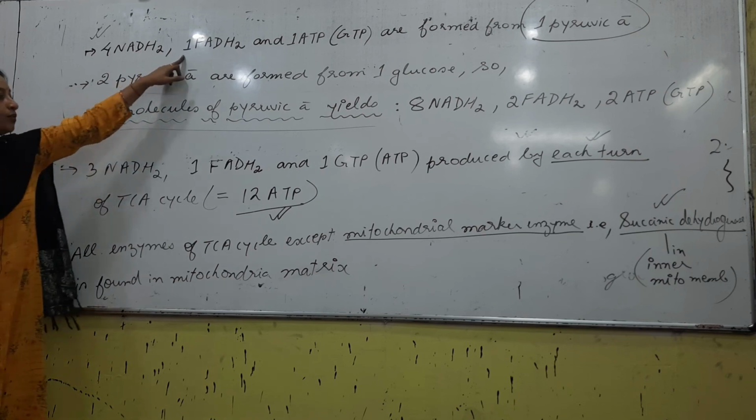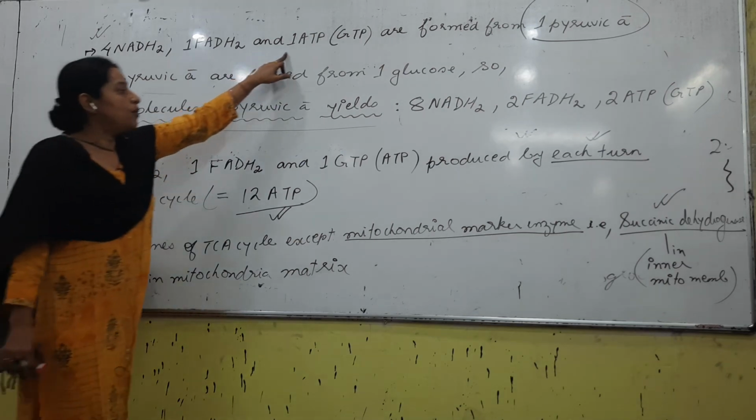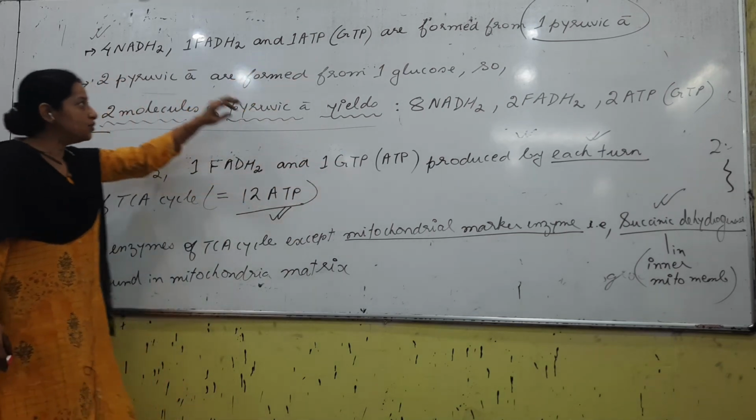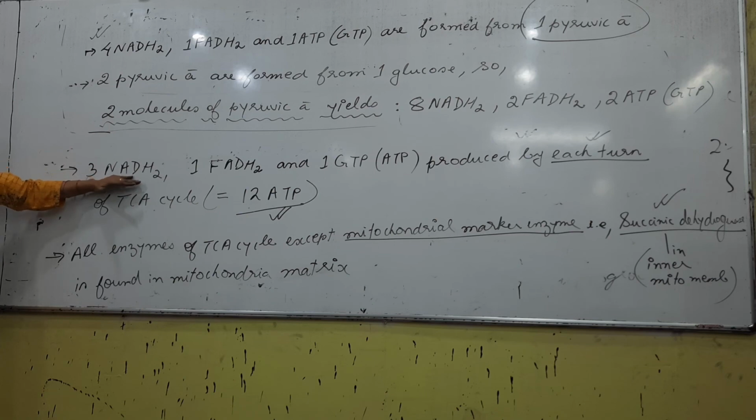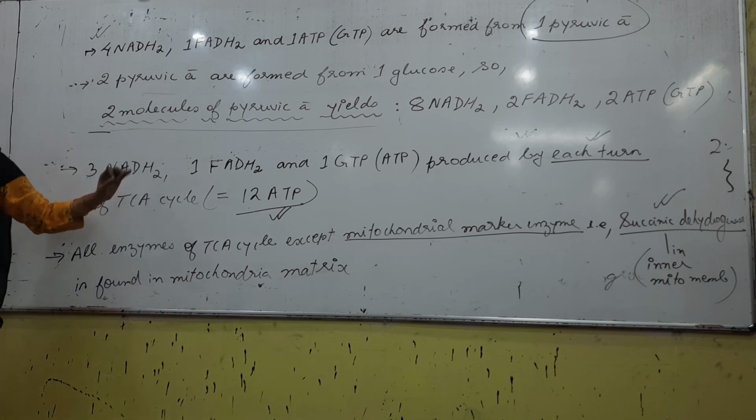The rest remain the same: 1 FADH2, 1 ATP. But between 1 pyruvic acid and 1 TCA cycle, the point of difference is 4 NADH2 versus 3 NADH2. If the question comes as pyruvic acid, we have to calculate the NADH2 of the link reaction. If the question is what is the number of NADH2 produced from 1 pyruvic acid?